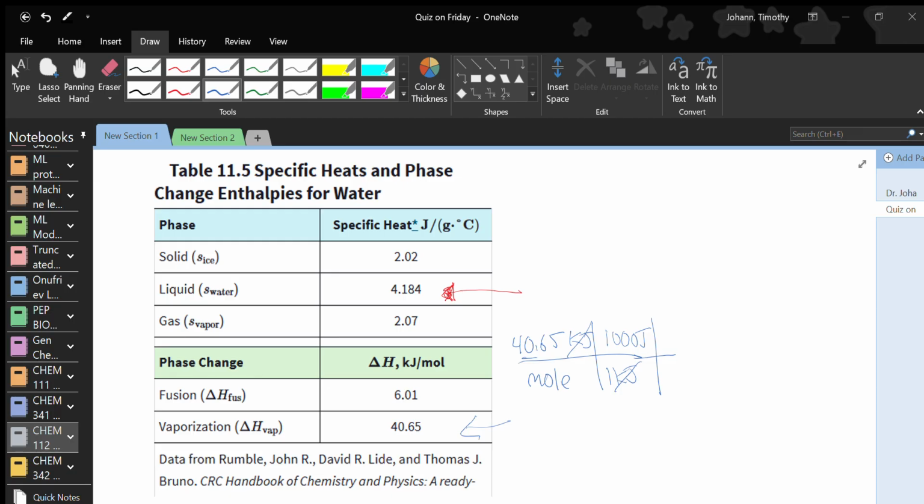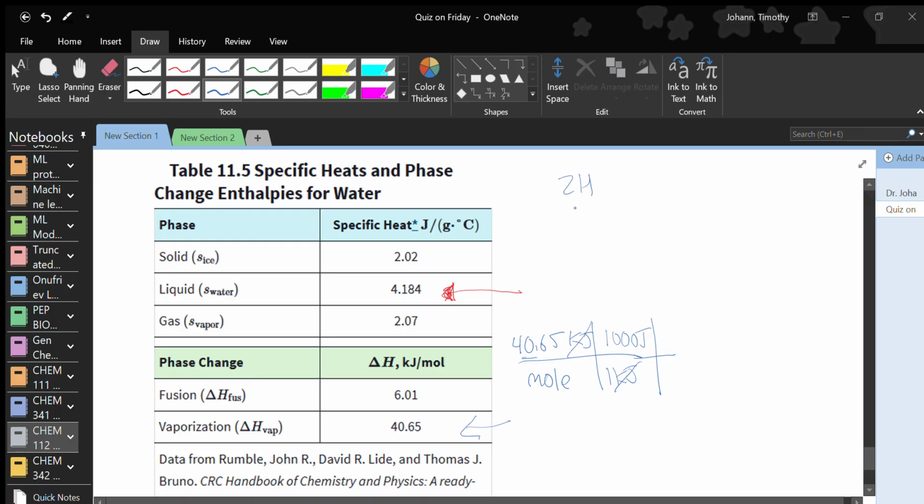If we have 2 hydrogens in a water and 1 oxygen, the hydrogens, if I look at the periodic table, are about 1.01 grams each, the oxygen is about 16.00, so 2.02 plus 16 gives me 18.02.